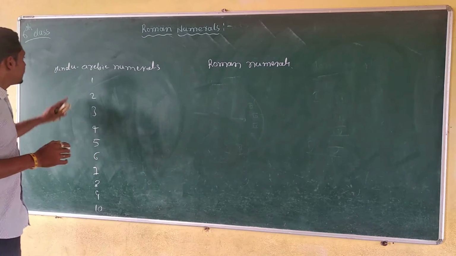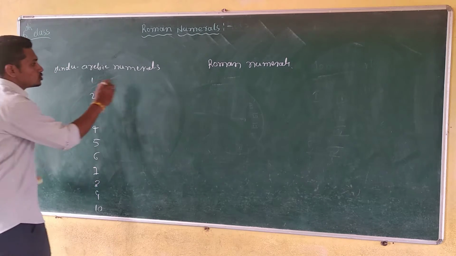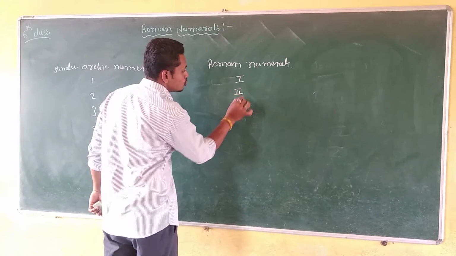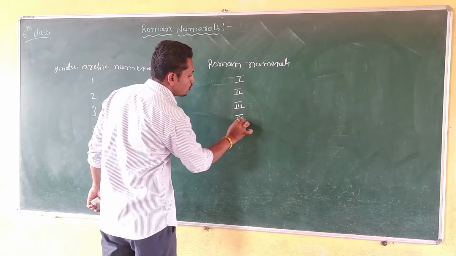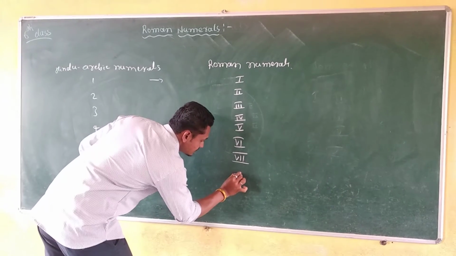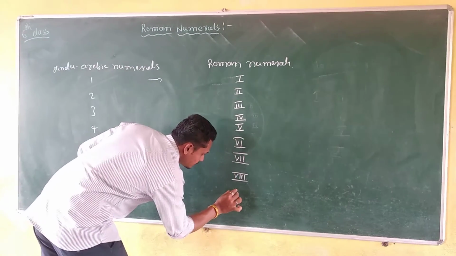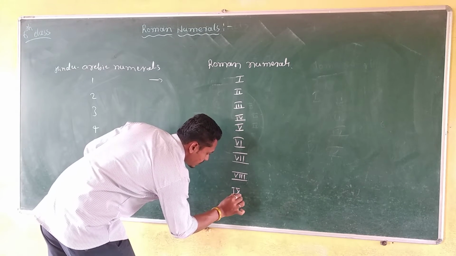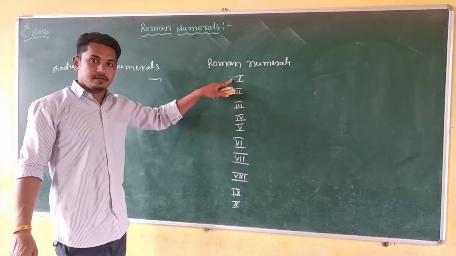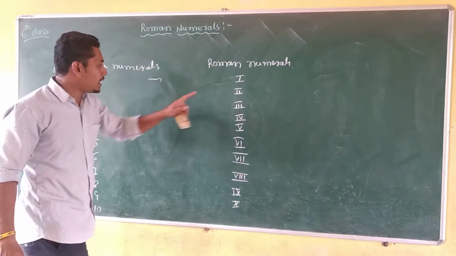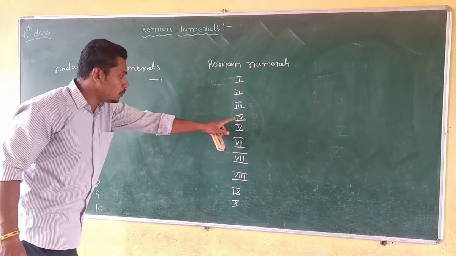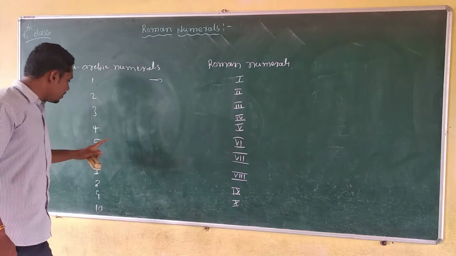Here these are the Hindu-Arabic numerals. 1 is equal to I, and this is II, and it is III, IV, V, VI, VII, VIII, and this is IX, 9. Next, this is X, 10. So I is denoted by 1, II is the value of 2, III is the value of 3, IV is the value of 4, and V is the value of 5.